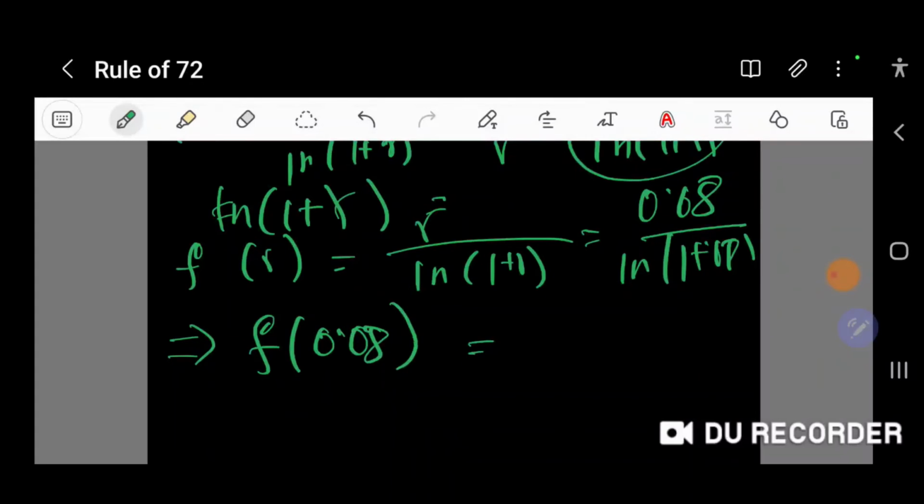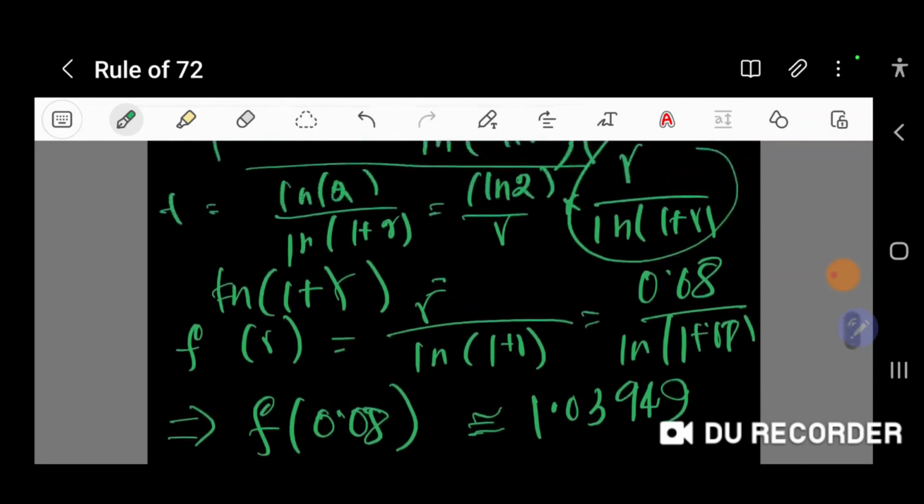If you plug this value into a calculator, it comes out to approximately 1.03949.